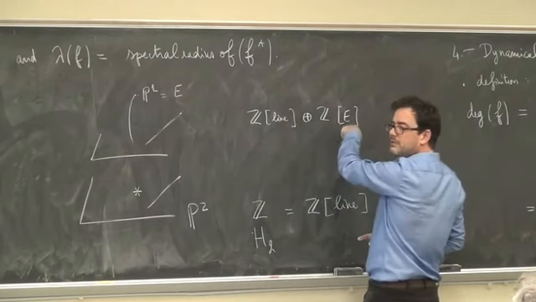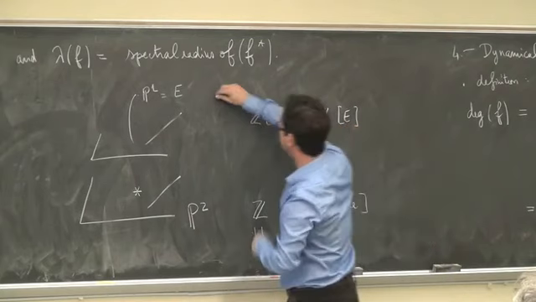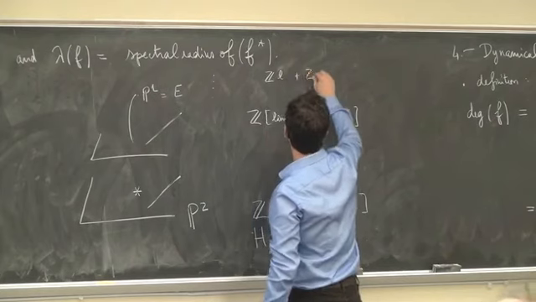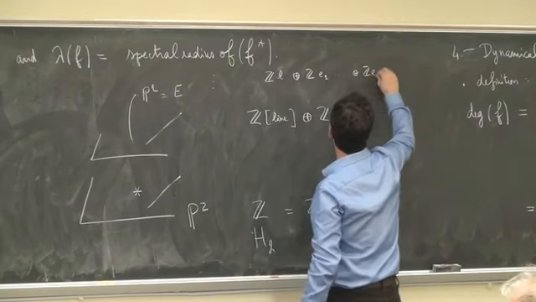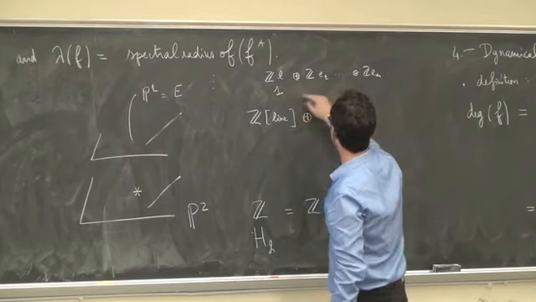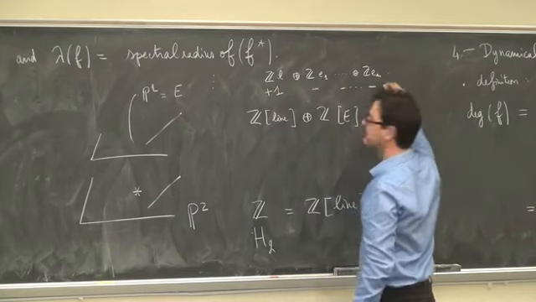And here, the self-intersection of E is minus 1. If you blow up n points, you get Z times the class of the line plus Z E1 plus ... plus Z En. And the intersection form has the plus sign here and the minus signs.